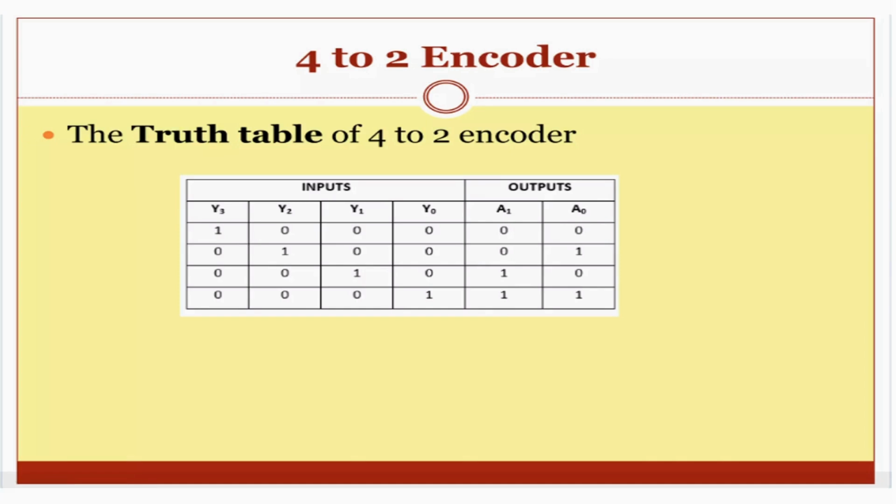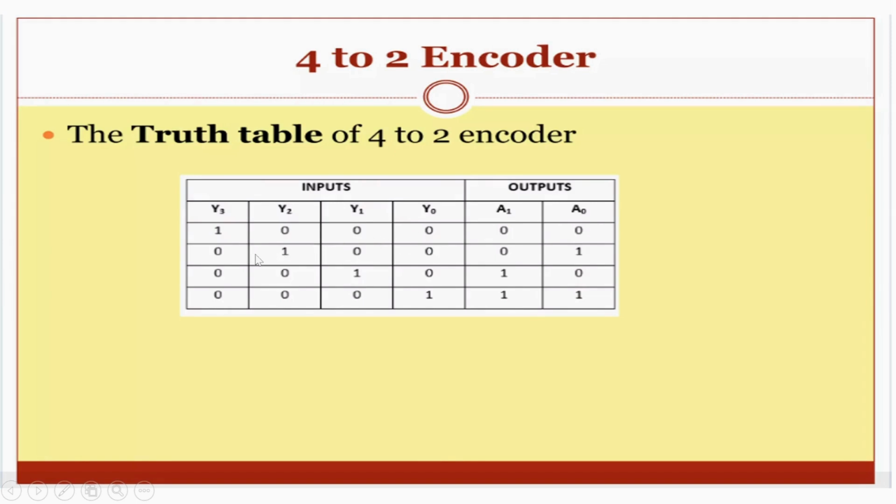So you might think, why are we pressing just one switch at a time, why are we not pressing the other switches? There is a rule in an encoder that you cannot press all the switches or more than one switch at a time. You can press just one switch at a time. At first we pressed switch 0, so this is 1, and the other switches y3, y2 and y1 are 0. They will not work.